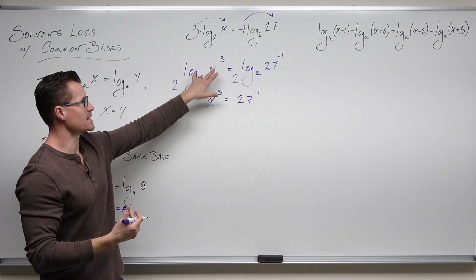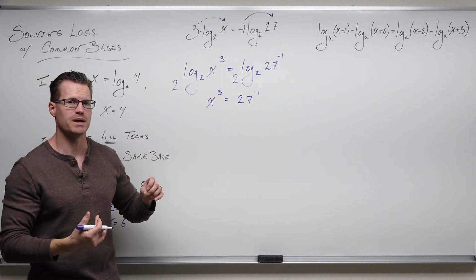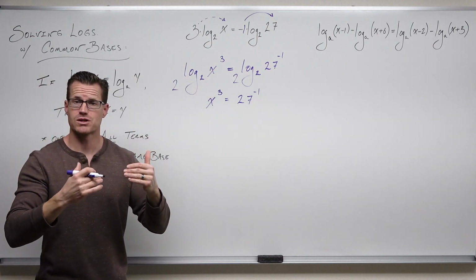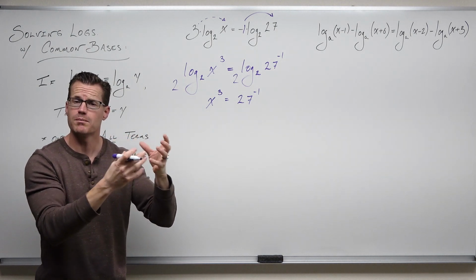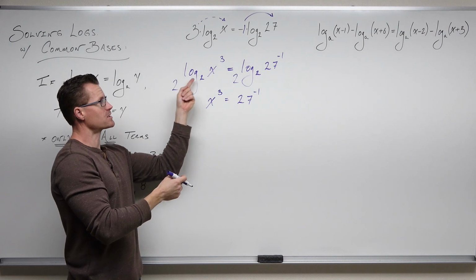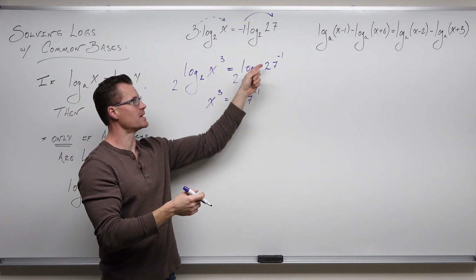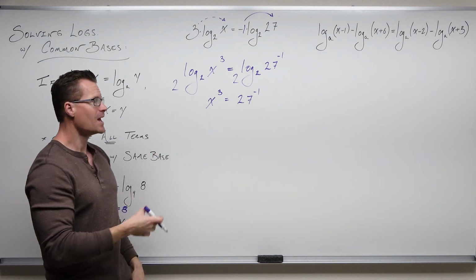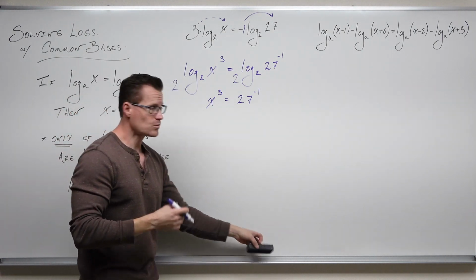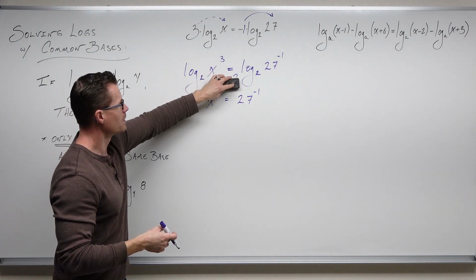If I choose this as an exponent of some exponential with a base of 2, I've inherently matched a function to its inverse. I've composed them. I have a base matching a base, that would cancel. It would set x cubed equal to 27 to the -1 power anyway. That's exactly what we're doing. We're just making it a little bit quicker.